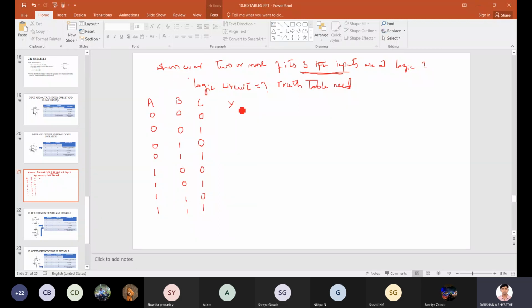The Y output will become 1 whenever we have 2 or more of its 3 inputs at 1.